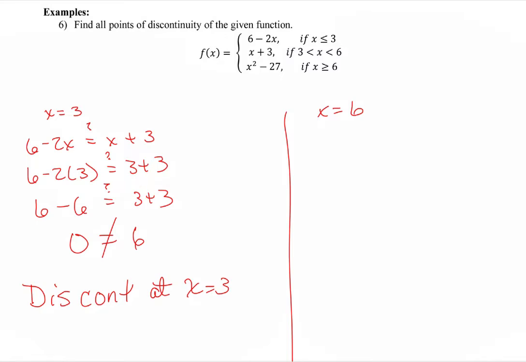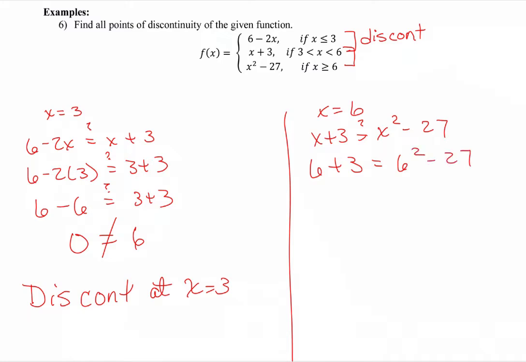Now we're going to check at x equals 6. And so right here we're discontinuous. And now we're going to check here to see if we're continuous. We want x plus 3 to equal x squared minus 27 at 6. So does 6 plus 3 equal 6 squared minus 27? So does 9 equal 36 minus 27?